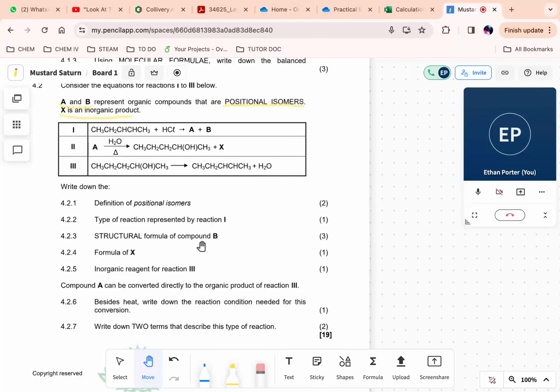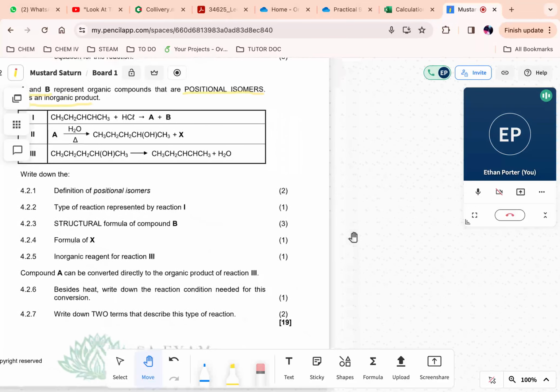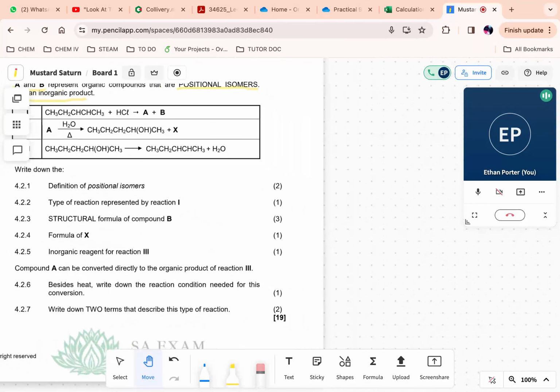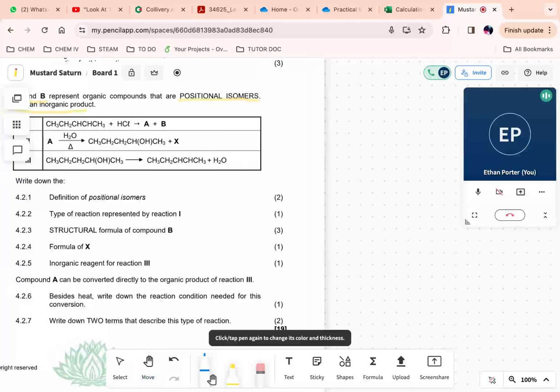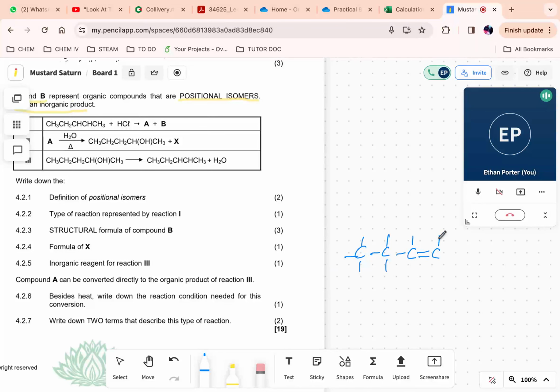Okay. Question 4.2.3, what is the structural formula of compound B? Okay, so we have to work out this reaction. Let's first draw out the equation. So we have CH3, CH2, CH, and then a double bond CH, and then at the end CH3.